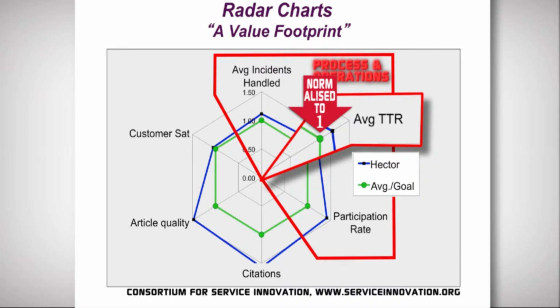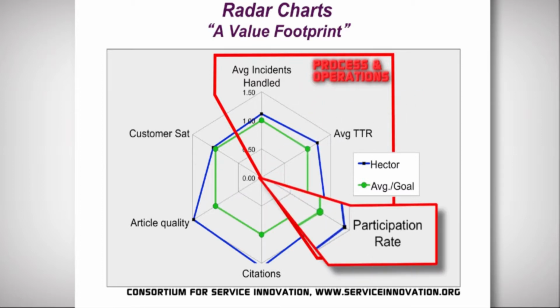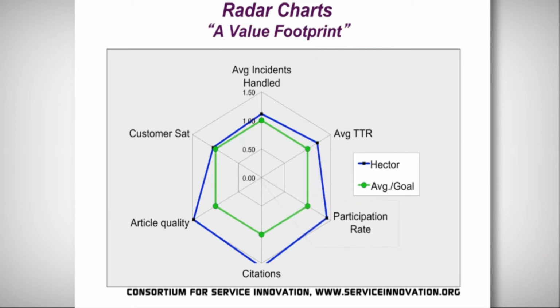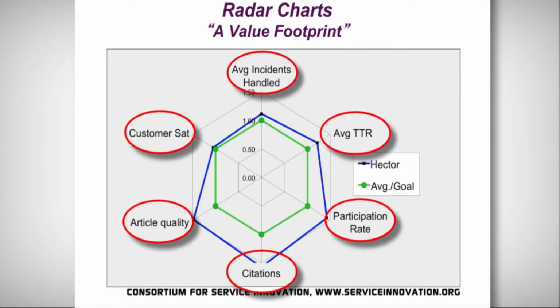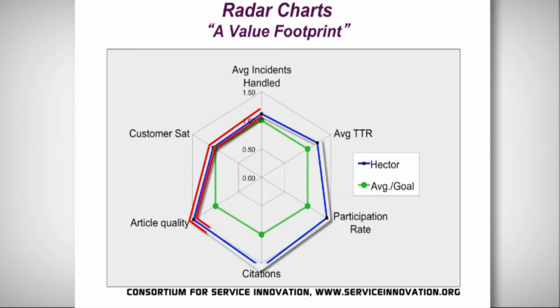Note here that the individual values for the average TTR have been inverted, so a shorter TTR than the team average has a value greater than 1, and longer is less than 1. Participation rate, the percentage of cases closed with a resolution linked to the knowledge base, and the team average is normalised to 1. Once we have decided on what measures we want to include in the radar chart and the calculations for normalising them to 1, we can then plot the chart.